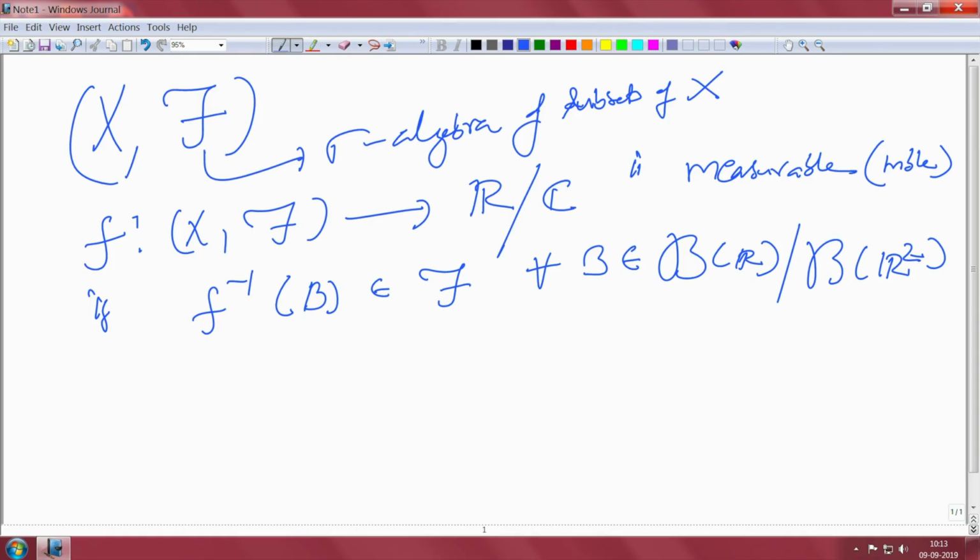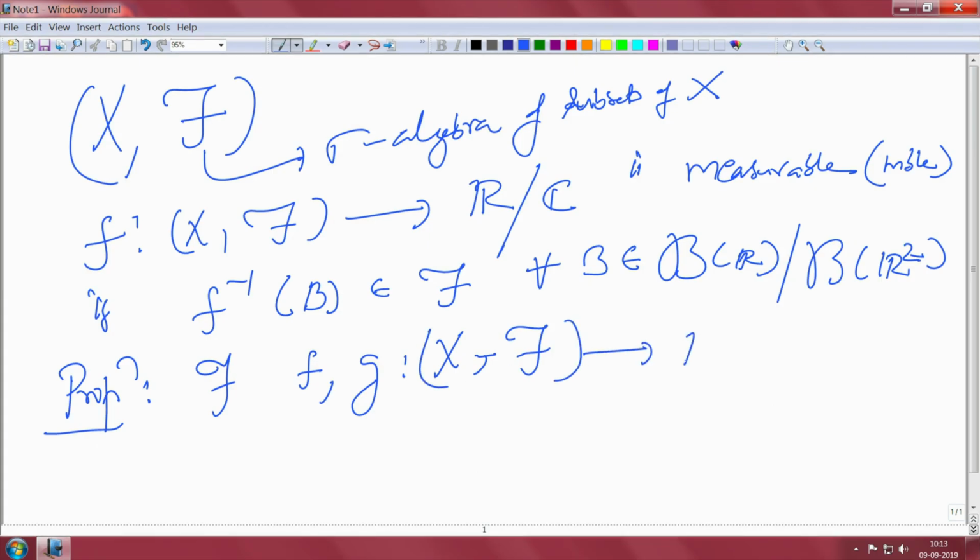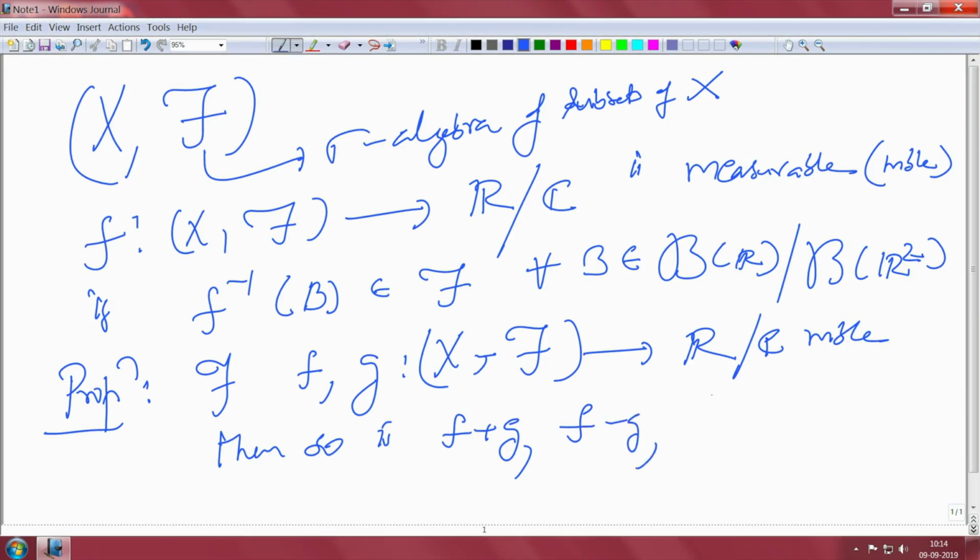Let us look at some easy properties of this. Let us write it as a proposition so that I can prove some of these things for you. If f and g are measurable functions, then so is f plus g, f minus g, f by g, f times g, and alpha times f, where alpha is a scalar.